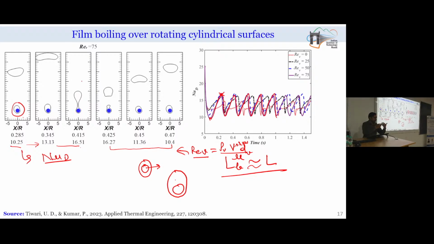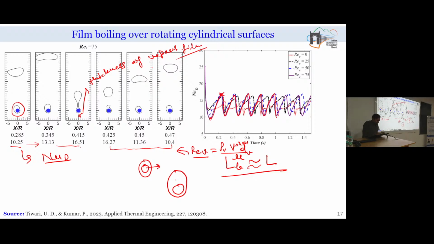So, the thickness of the vapor film around the heater is actually lowest. When you have the lowest thickness of the vapor film, the thermal resistance will also be lowest, and we will have the highest value of heat transfer.